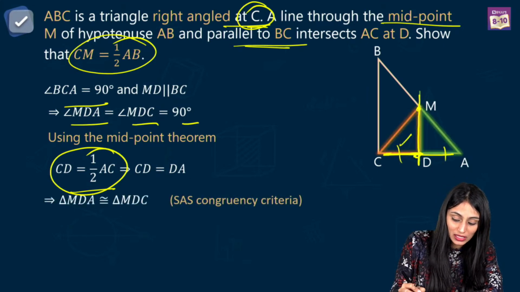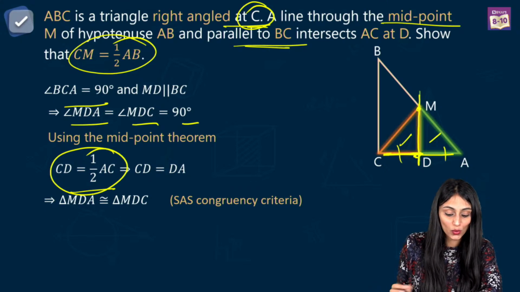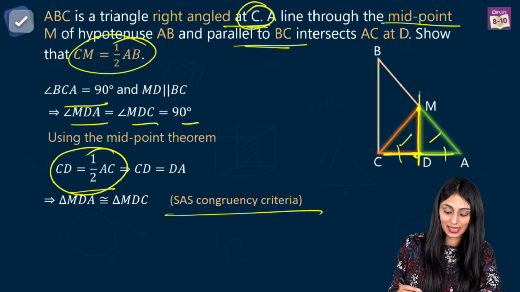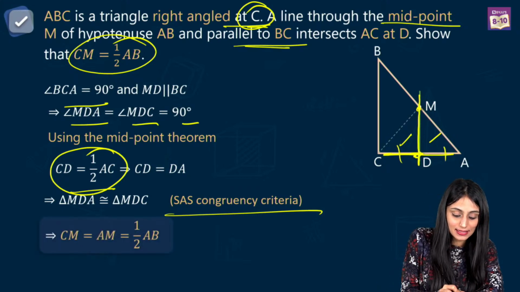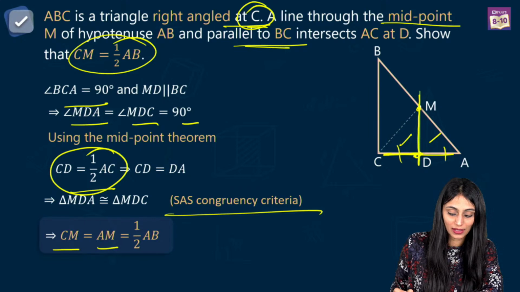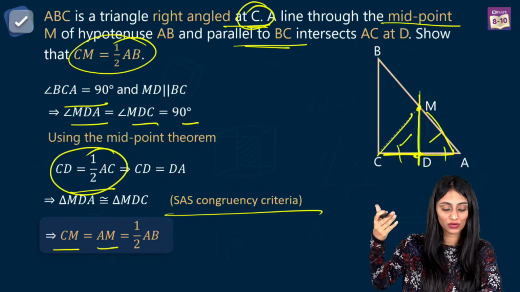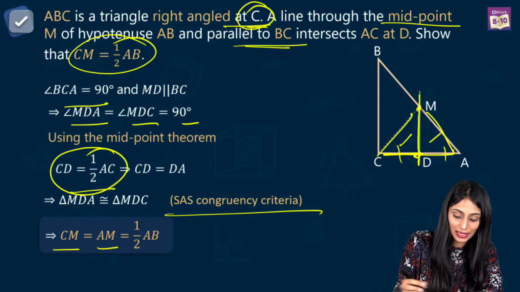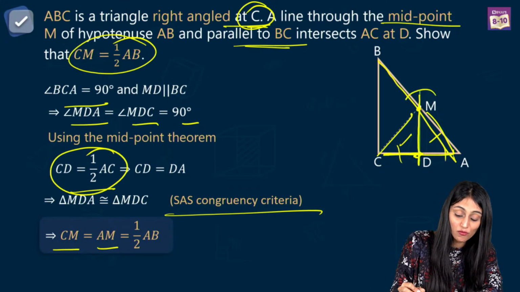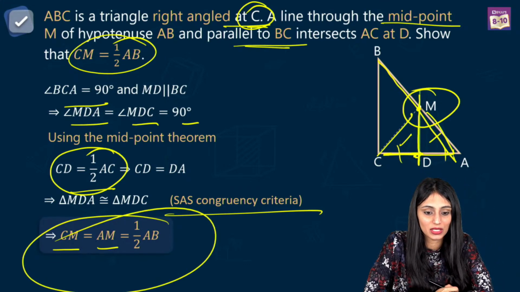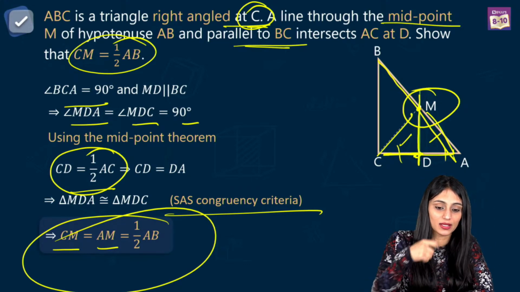So this triangle MDA and MDC, they both would be congruent using the SAS congruency criteria. Yes. So once they are equal, I can say that the CM is equal to AM, right? CM and AM are equal. Why? CPCT, corresponding parts of congruent triangles, are equal, and that AM is already equal to half of AB because M was the midpoint of AB. So CM is also equal to half of AB. Yes.